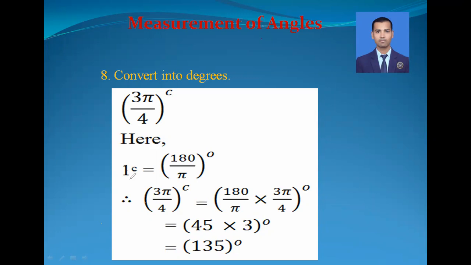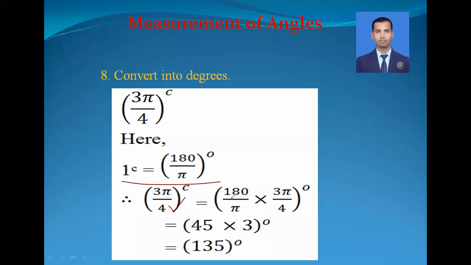We have the relation that 1 radian is equal to 180 by pi degree. So 3 pi by 4 radian is equal to 180 by pi into 3 pi by 4 degree, because we are converting radian into degree.